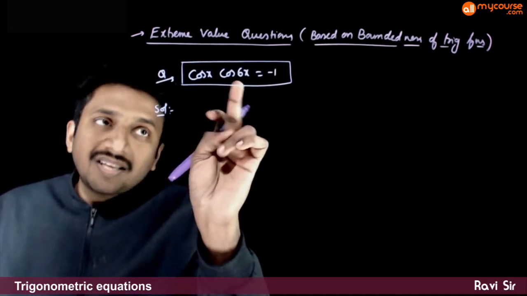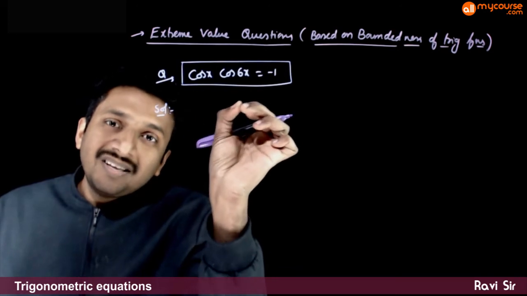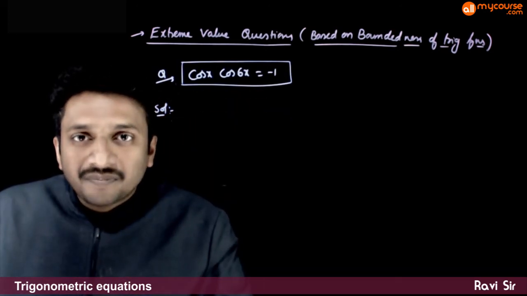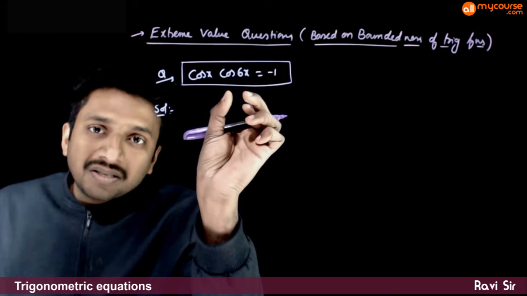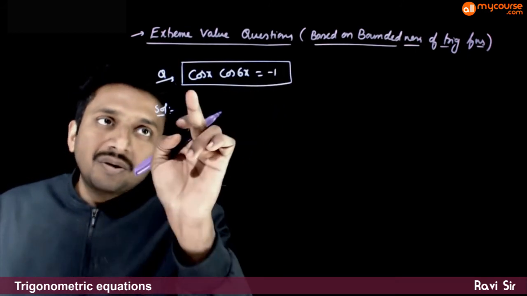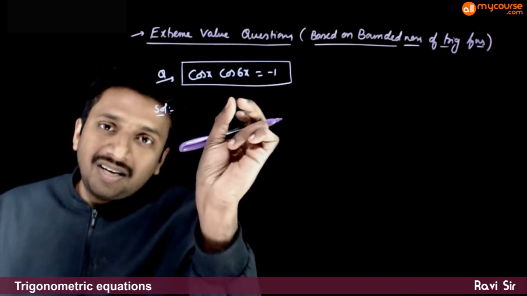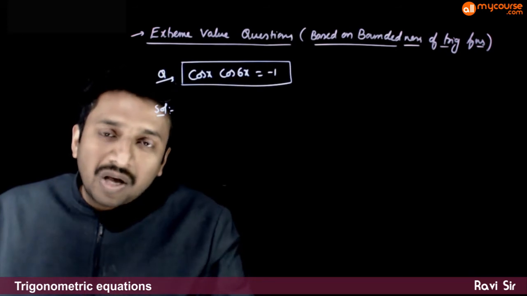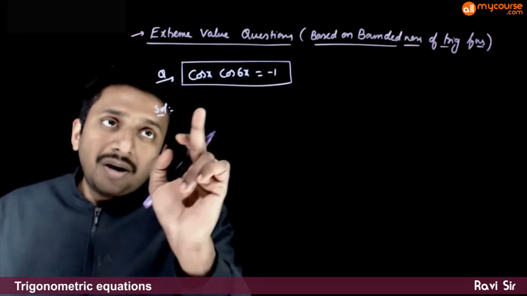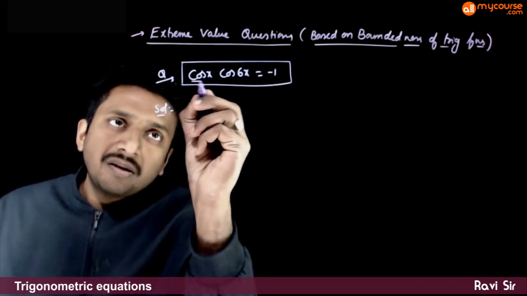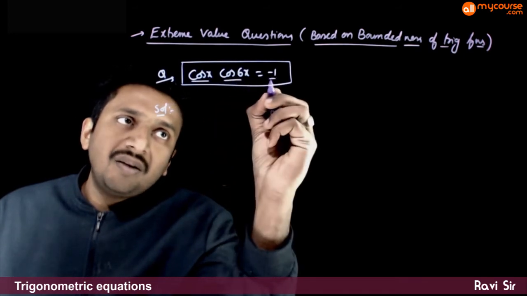Because cos 6x, if you try to expand it, it will be a 6th power of cos x. You'll get an equation in cos x whose degree is 6. So cos x into a 6th degree, you get a 7th degree equation. You cannot solve it. So what I observe here is cos x into cos 6x is equal to minus 1.